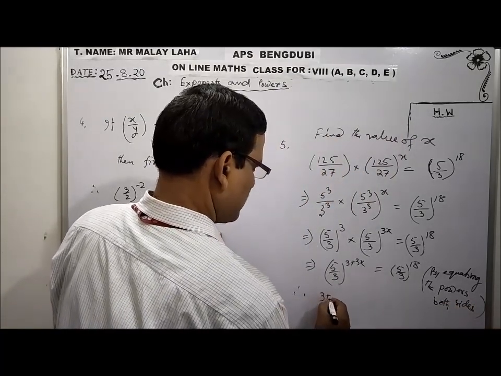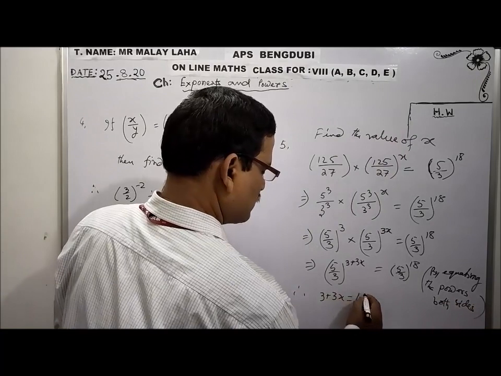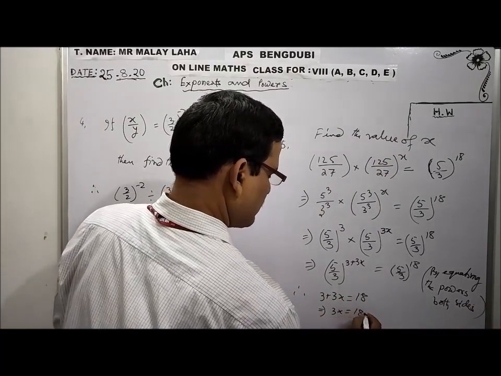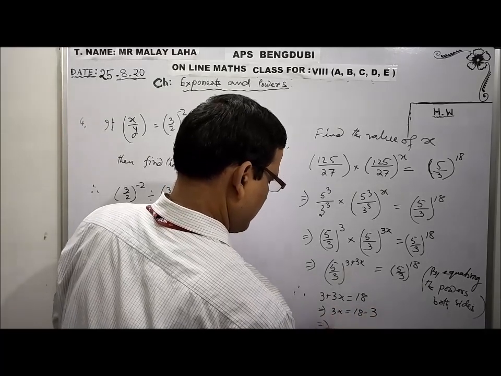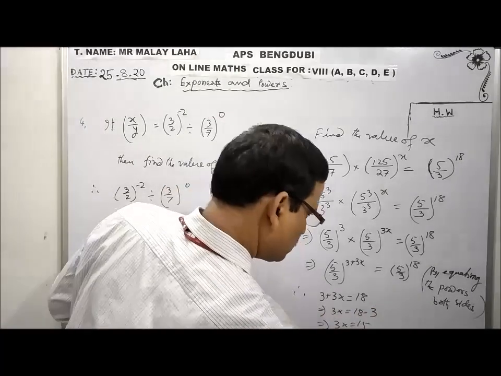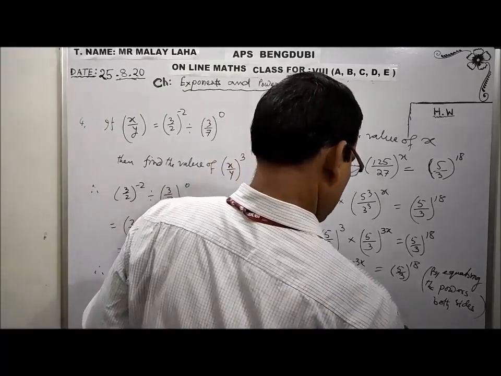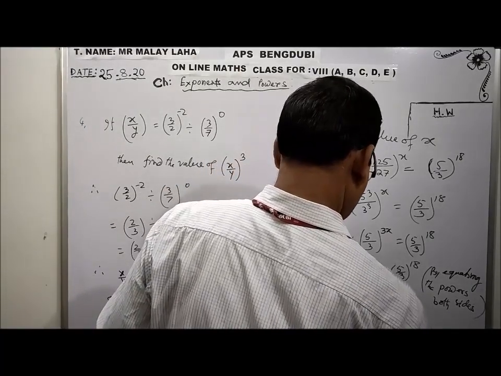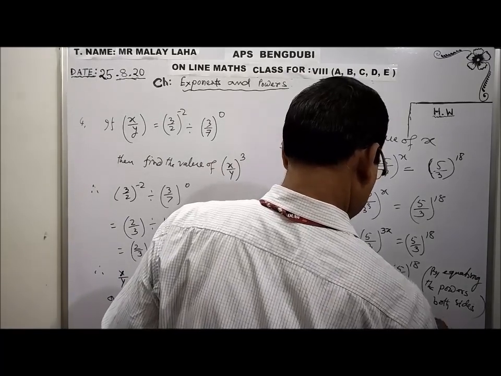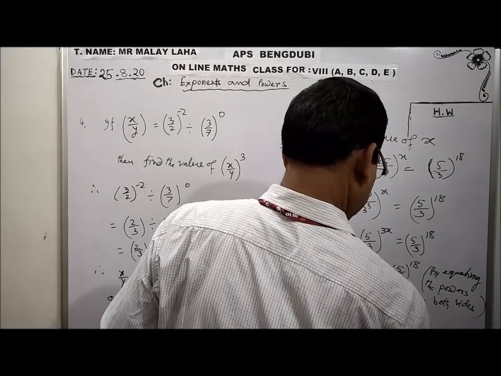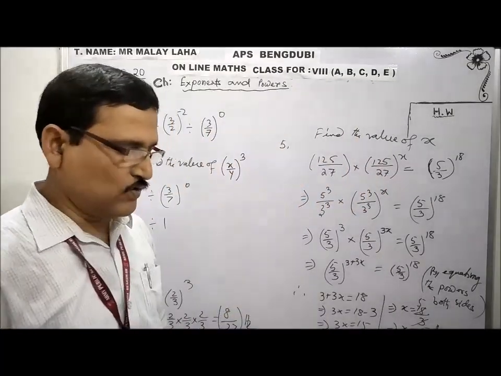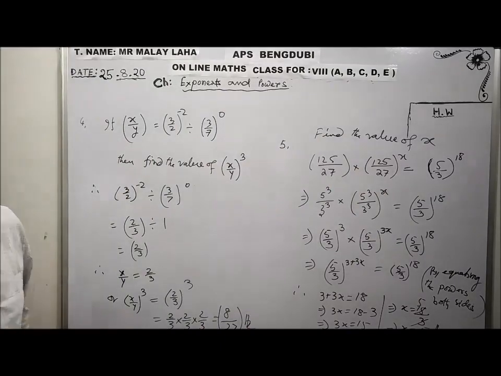Therefore 3 plus 3x will be equals to 18, or 3x equals to 18 minus 3, or 3x equals to 15, or x equals to 15 by 3, cut 5, or x equals to 5. Answer. So your value of the x here is 5.